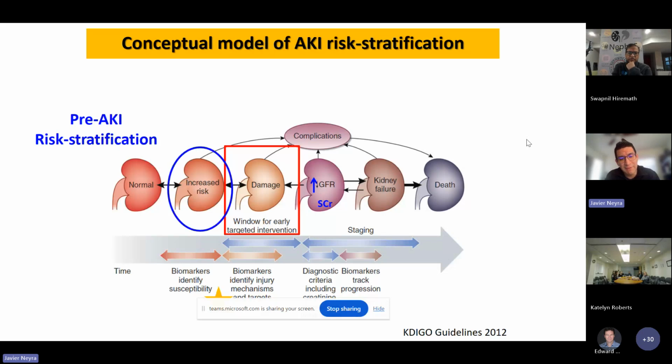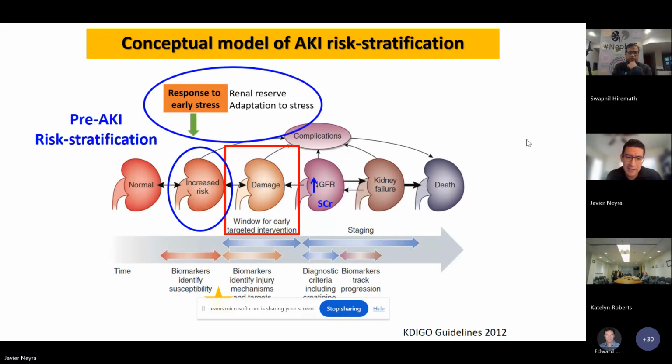But now also we have interest in identifying patients at increased risk. And not only that, identify patients according to the potential response to stress. And of course, as you imagine, to respond to stress, two factors play a key role. You have the reserve capacity of your kidney and also the adaptation capacity to stress of your kidneys.